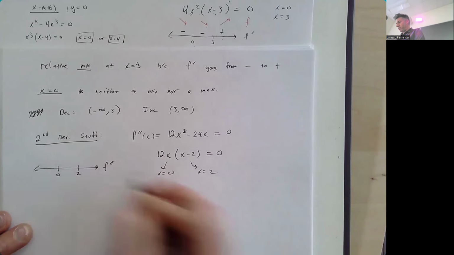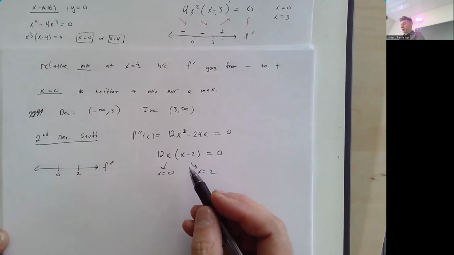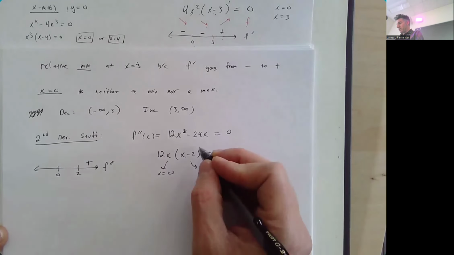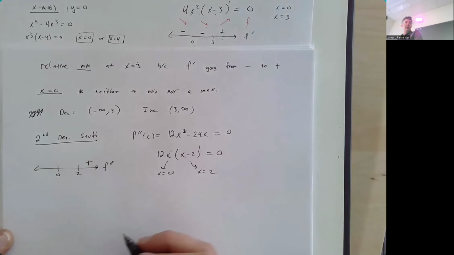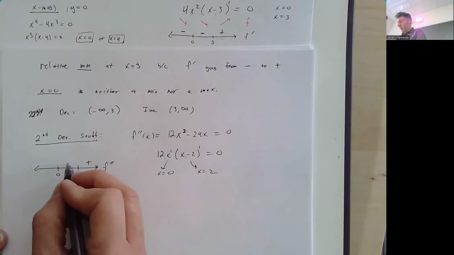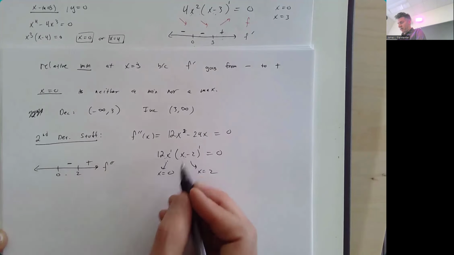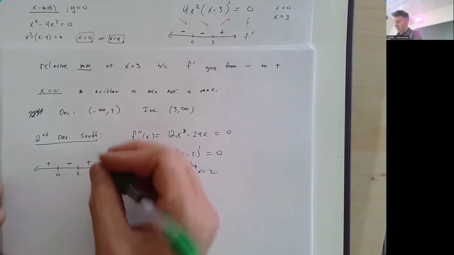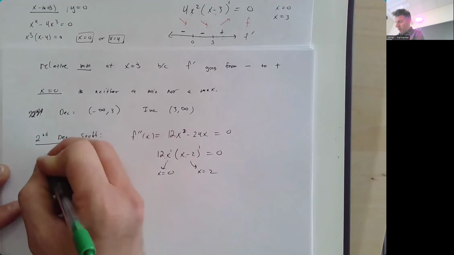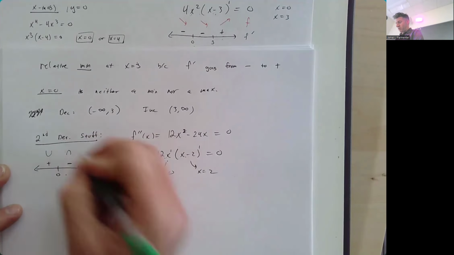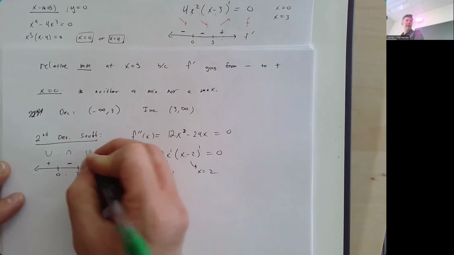You do the same sort of thing. You pick a number larger than 2, like 3, plug it in, and it's positive, positive, so the whole thing's positive. And then for each of these, since the power is odd, you're going to change signs every time. So I picked 1, you'd have a positive times a negative. You pick -1, you'd have a negative times a negative, which means that our function is, and we'll talk more about this in a minute, concave up left of 0, concave down between 0 and 2, concave up right of 2.